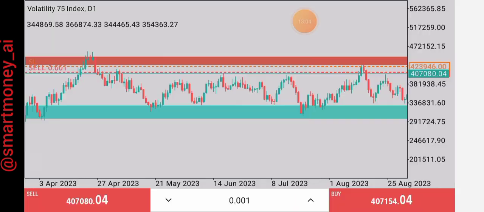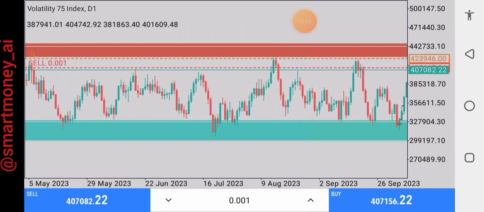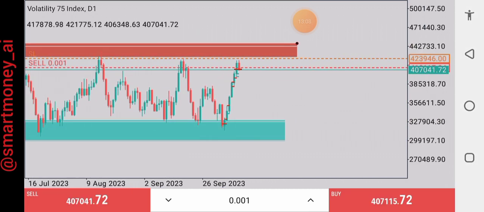So price came into this support, all the way from the top here. It did this and came here, and here it gives me a bullish harami pattern. So I knew obviously price will move from this support to the resistance at the top here.